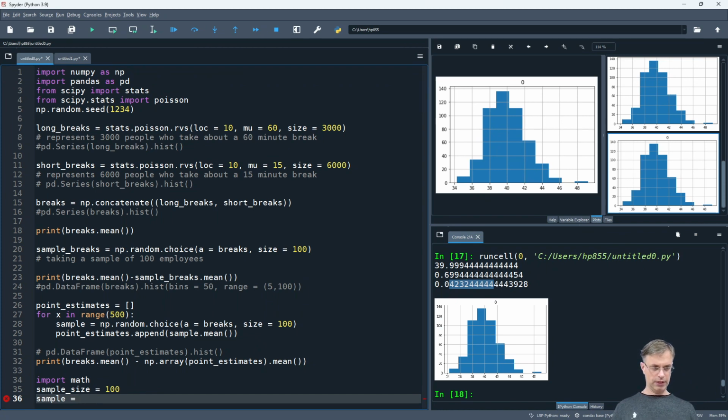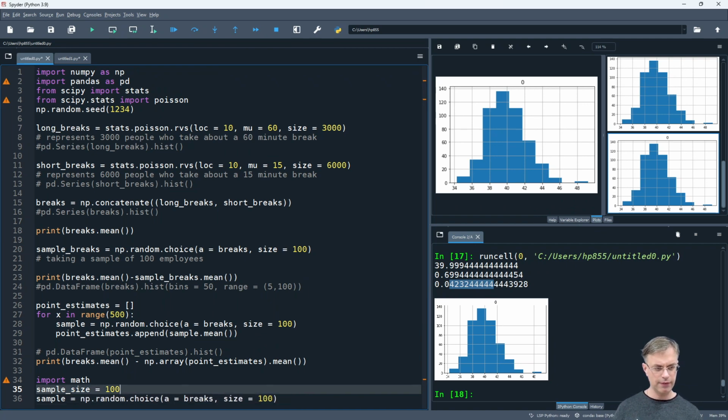Do we have it here? Random choice. A break size is now sample size. So actually this is completely correct. So here we go. This is it, and this is sample size.